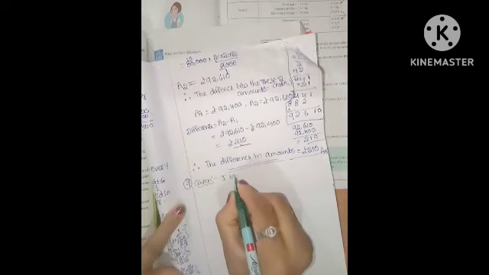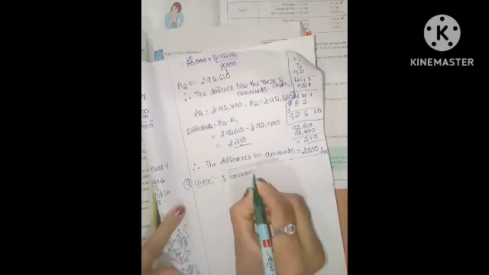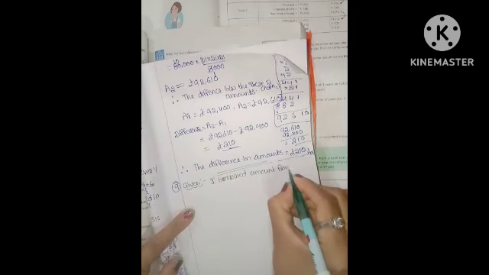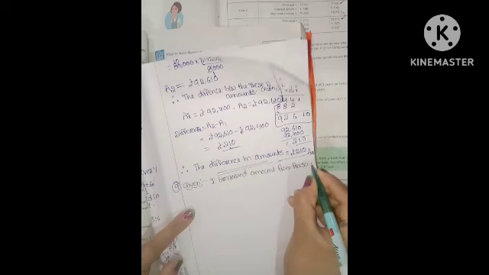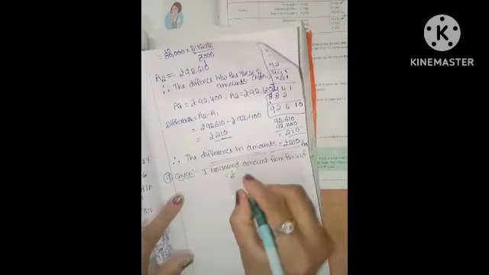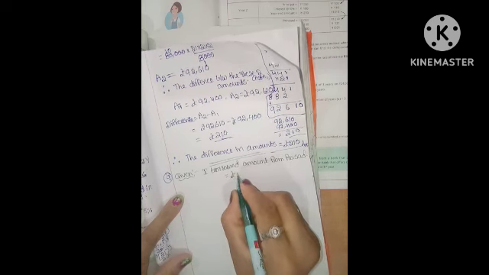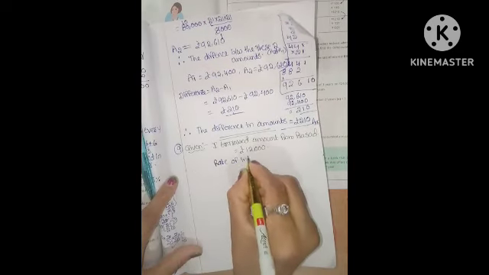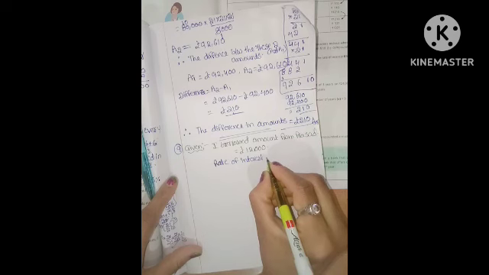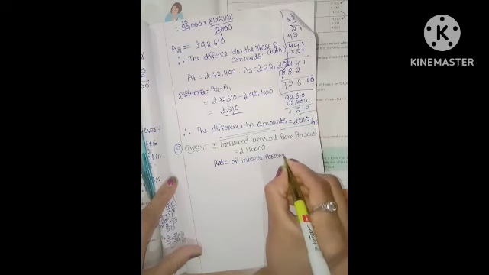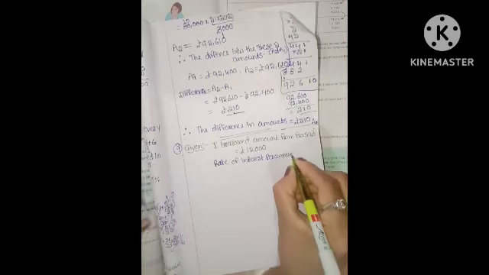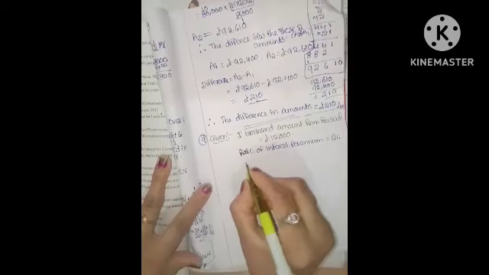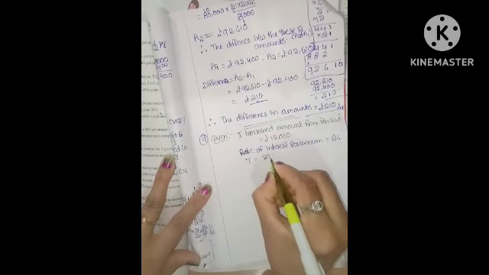I borrowed from Prasad. How much amount was borrowed? 12,000. Next, the rate of interest per annum is 6%, and the time period is 2 years.